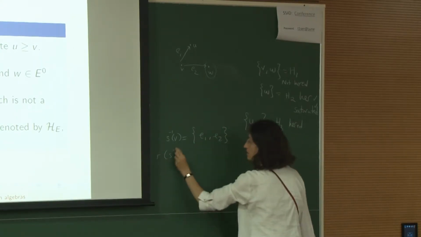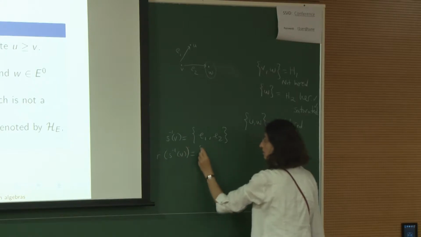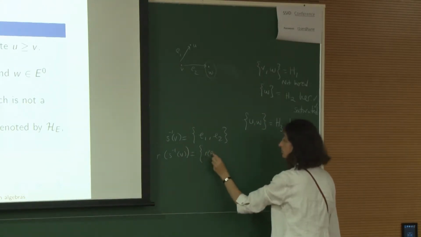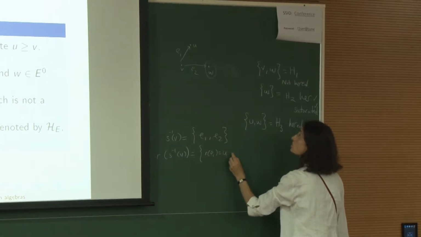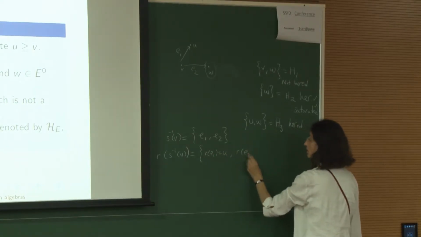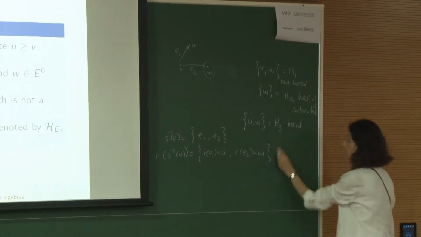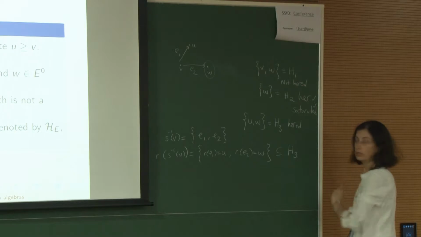The r of s inverse of B is the range of e1 and the range of e2, which is U and W. Well, this is in H3.